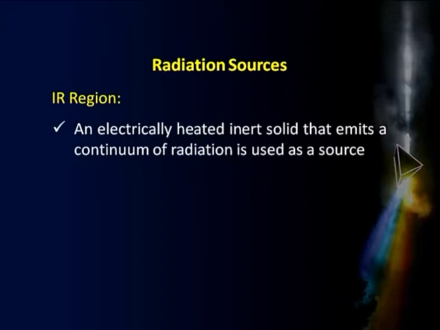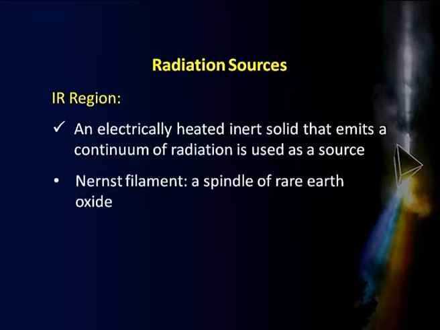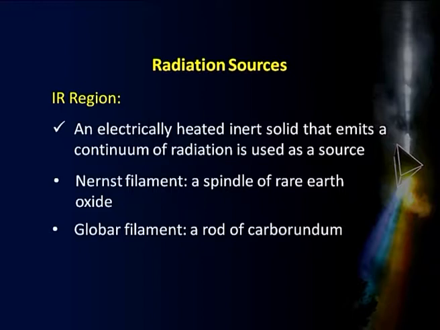Okay. Common examples here are the Nernst filament, wherein we take a rare earth oxide and heat it electrically, and that gives an output in the IR range. Another example is the Globar, wherein we take a rod of carborundum and heat it electrically to get output in the infrared region.